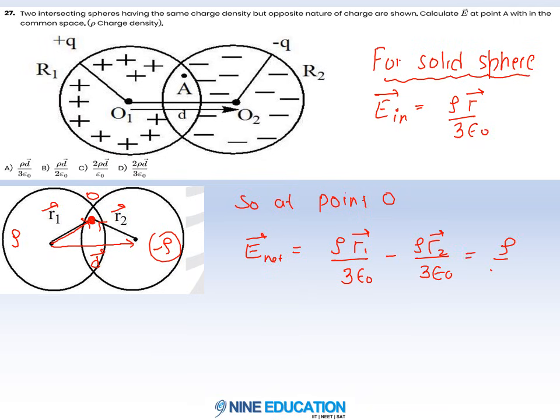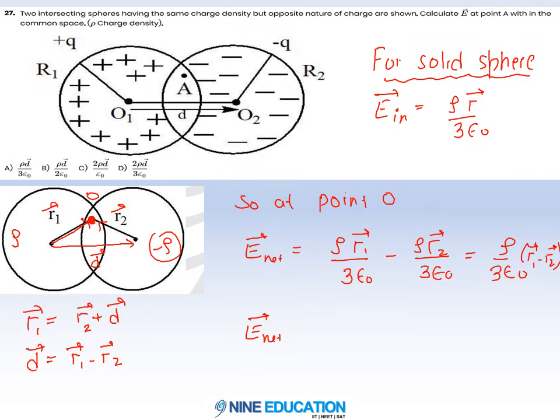So take rho by 3 epsilon naught common, r1 minus r2. And from here we can easily write r1 is r2 plus d. This is the vector law of addition. So the d vector becomes r1 minus r2 vector. So what we are getting, E net becomes rho d vector upon 3 epsilon naught.